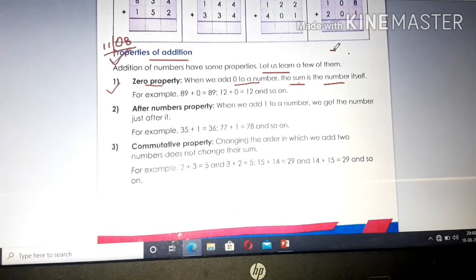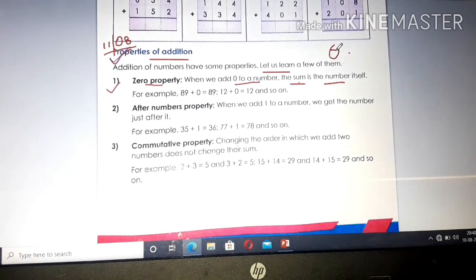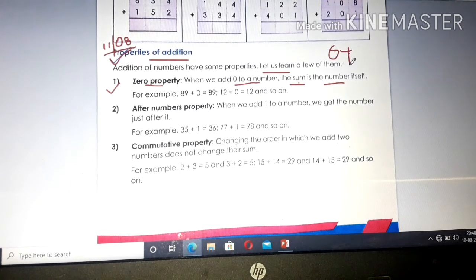When we add two numbers, suppose 6 plus 1. What is 6 plus 1, children? 6 plus 1 is 7, right? So the total answer that you got, 7, is what you can call the sum.